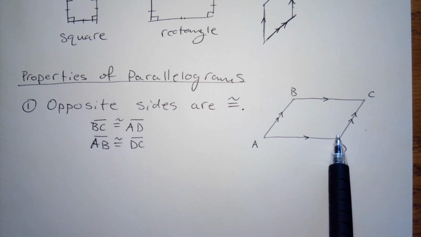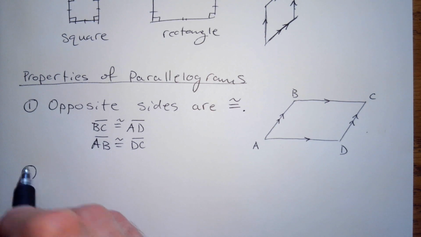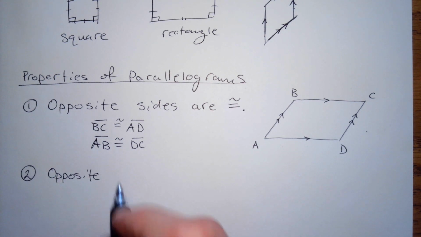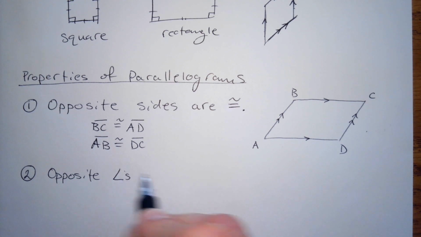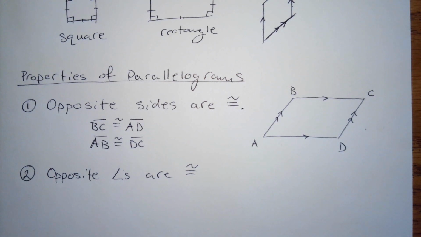So for this, let's say number 2. Opposite angles are congruent. They're not necessarily congruent to, like, all the angles are congruent. That's not true all the time.